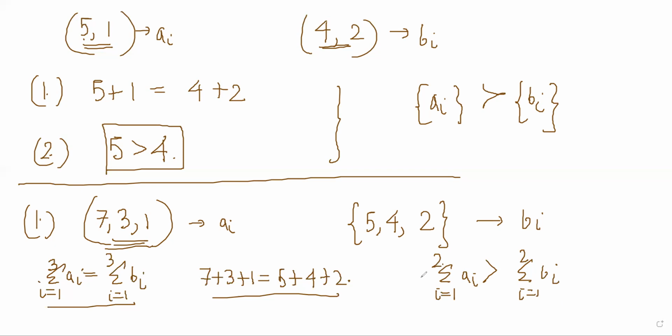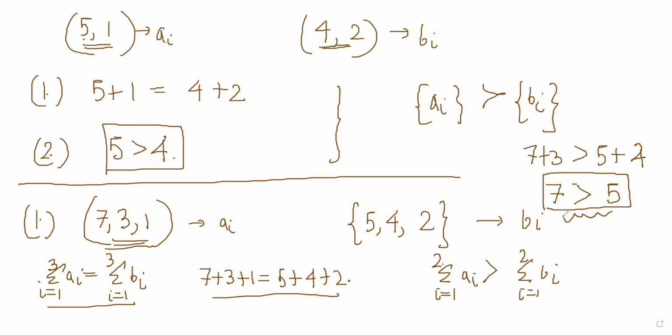Here 7 plus 3 is greater than 5 plus 4, and the first term 7 is also greater than 5. If you take the first term only, the first sequence is bigger. If you take the first two terms, the first sequence is still bigger. And if you take all three terms, the sums are the same. So we can say that 7, 3, 1 majorizes 5, 4, 2.